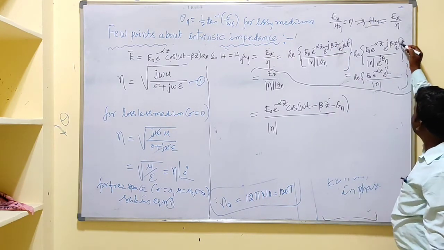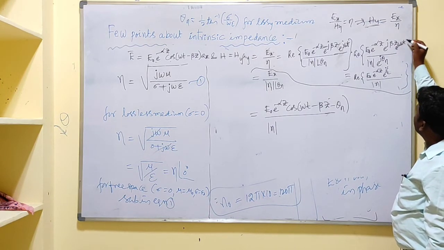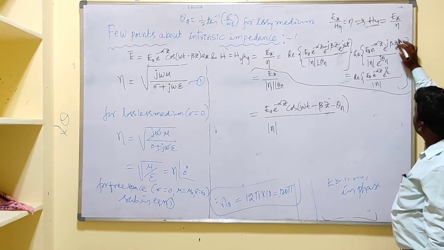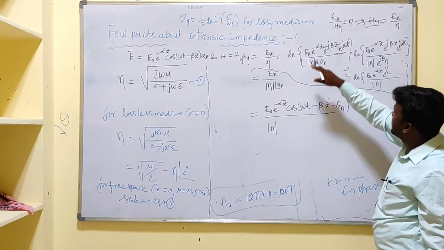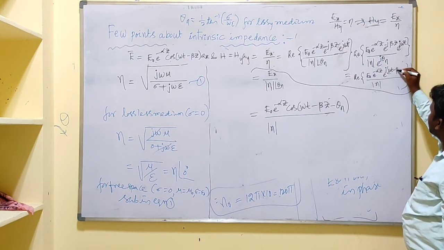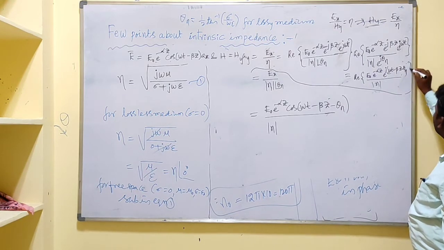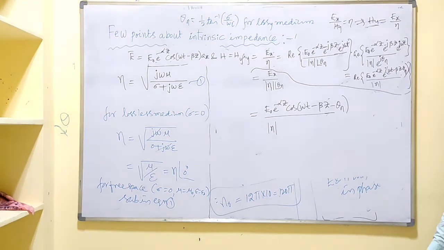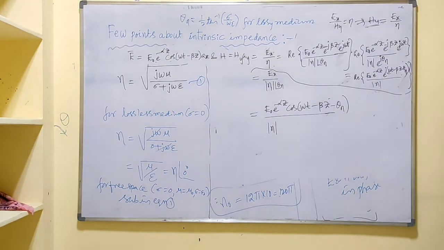So omega t minus beta z, plus j omega t, minus j beta z. Finally we got j omega t minus beta z minus theta eta. So the real part of e to the power j omega t minus beta z minus theta eta is nothing but cos of omega t minus beta z minus theta eta.